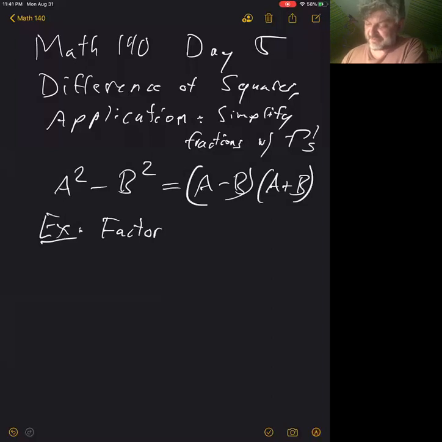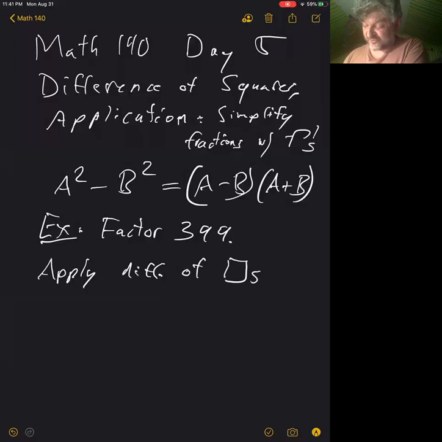Factor the number 399. What? Well, you want to apply this difference of two squares.